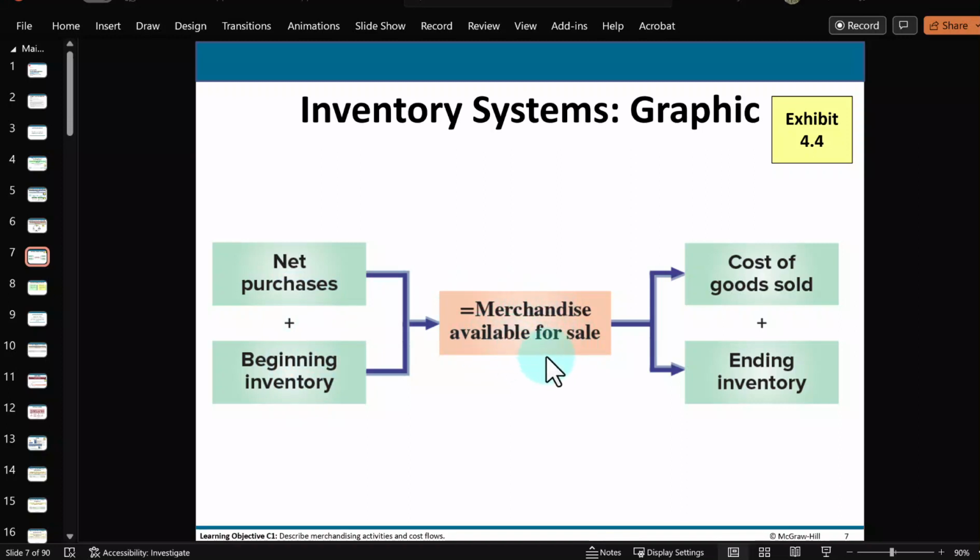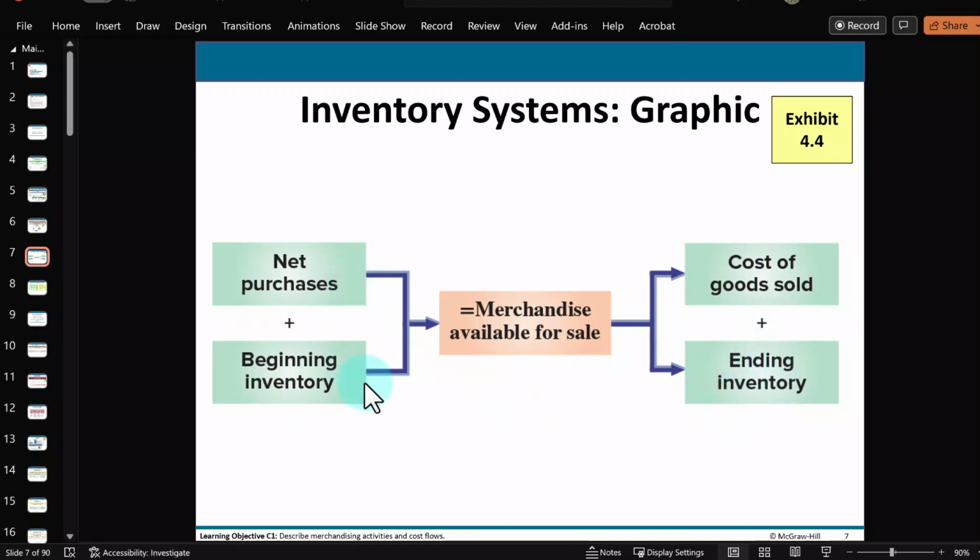And there's only two things we do with this merchandise available for sale. Either we sell it, here called cost of goods sold, going to our customers, or we don't sell this merchandise available for sale, here still staying in our store or warehouse at the end of the year, called ending inventory.